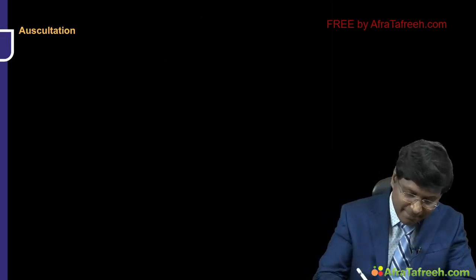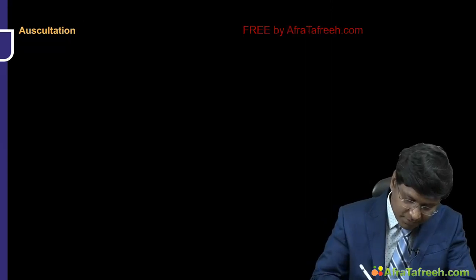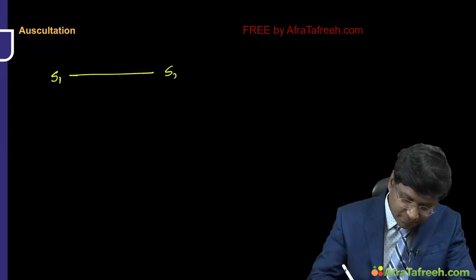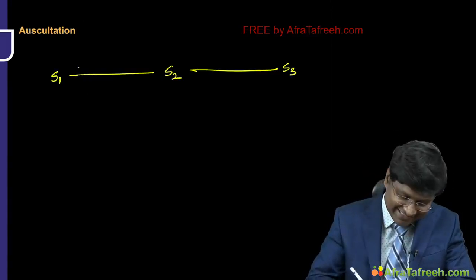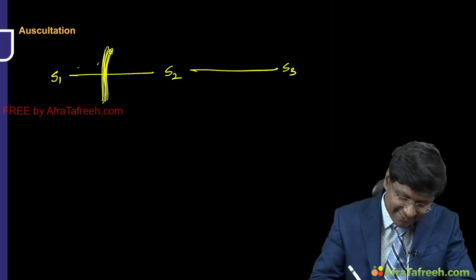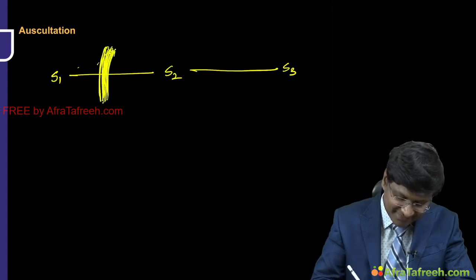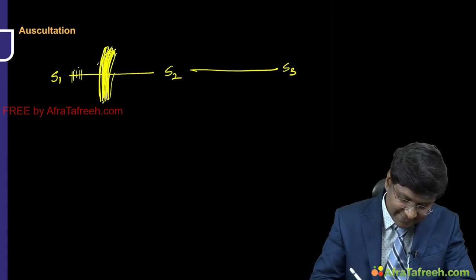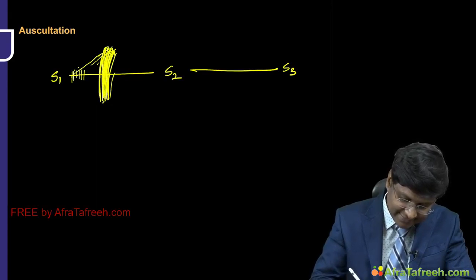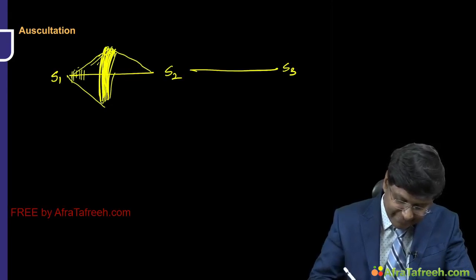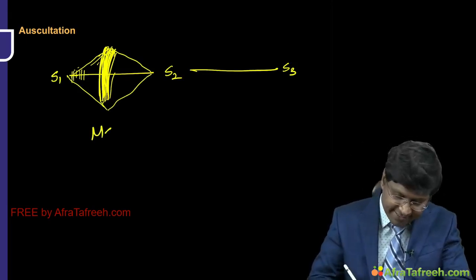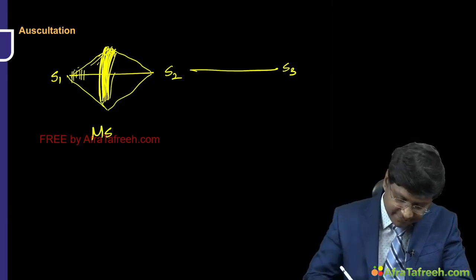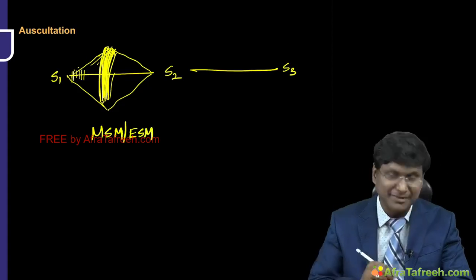If you see the murmur of aortic stenosis, where do you listen to this? You listen to this exactly in the mid part of the systole, where the intensity will be very high, and we call this the mid-systolic murmur, or the ejection systolic murmur.